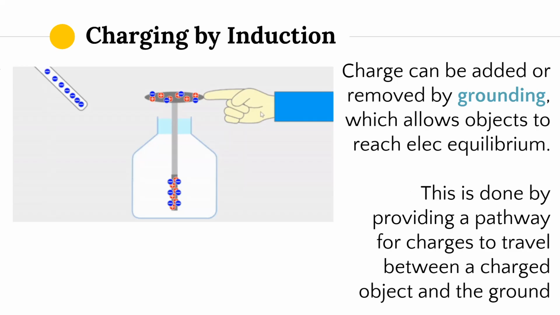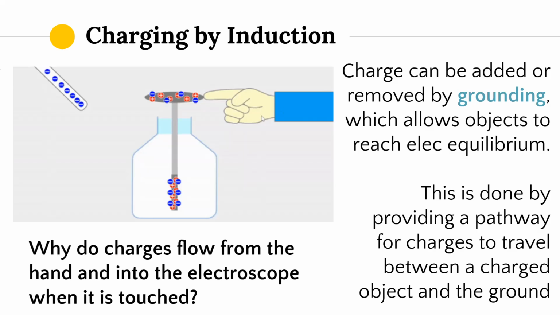Again, we talked about grounding yesterday. Charge can be added or removed by grounding. Typically, we're talking about it allowing things to reach an equilibrium where it's uncharging, but you can actually use it to charge things as well if you're holding something nearby that also has a charge. So if we ask why the charges flow from the hand into the electroscope when it's touched, if we watch the animation when it starts over, this electroscope is currently positively charged.